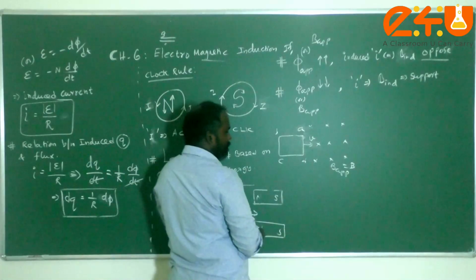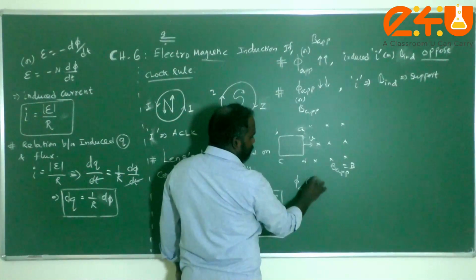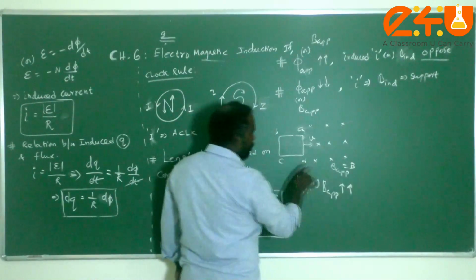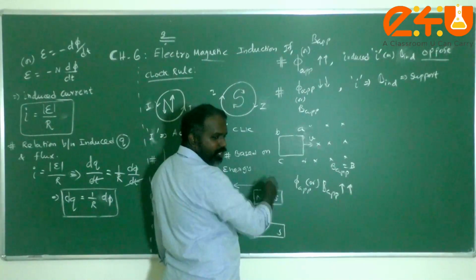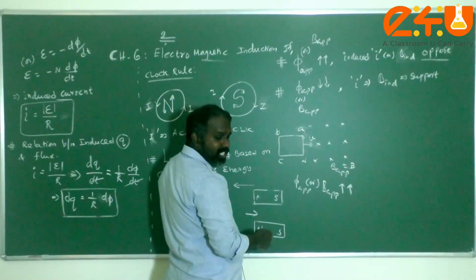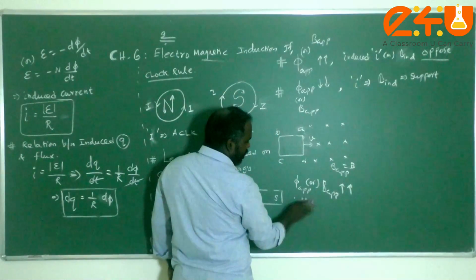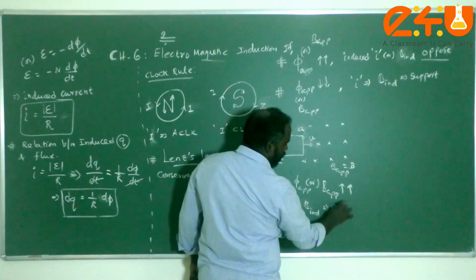When the applied flux increases, in this case B applied increases, the flux through the loop will increase. Therefore the induced field should be opposite.